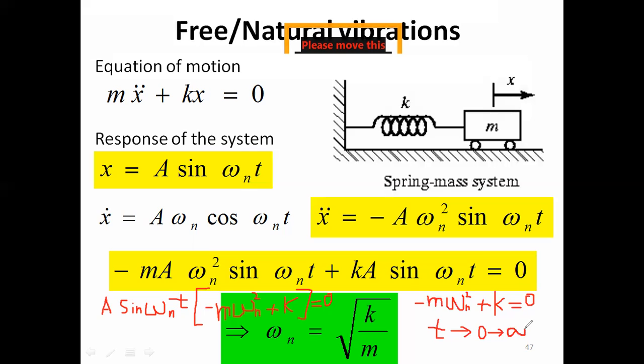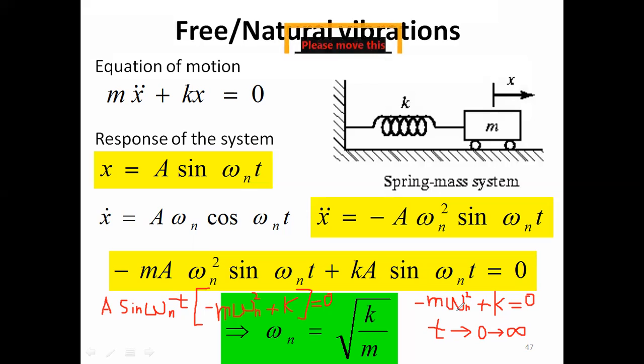At all times during vibration, as long as the system is vibrating, this quantity must always be equal to 0. This is actually the physics of the system. This is the reality of this vibratory system.